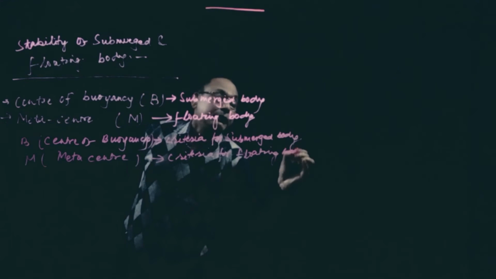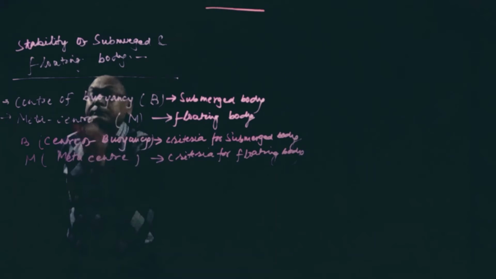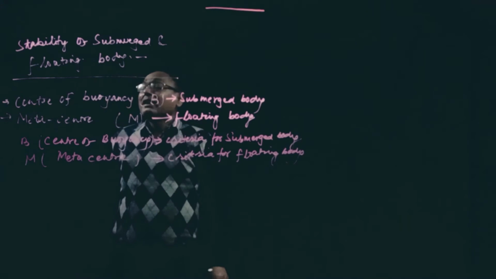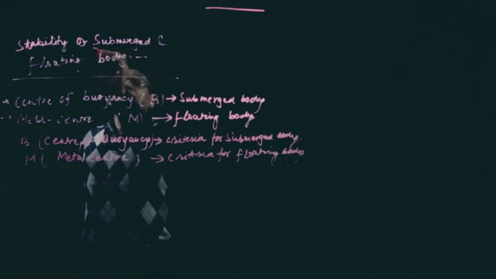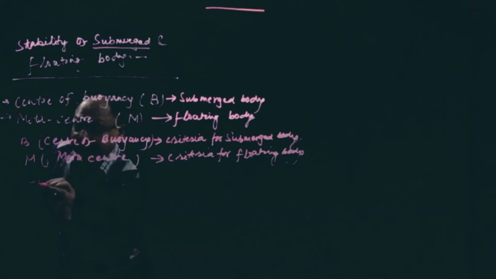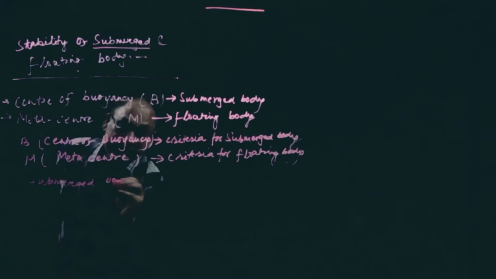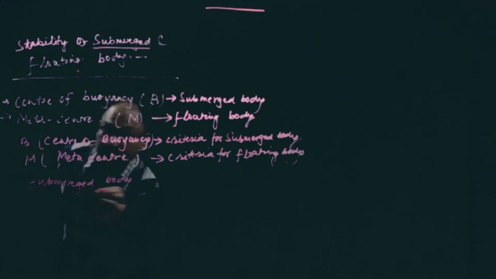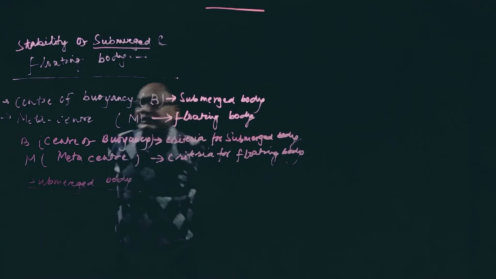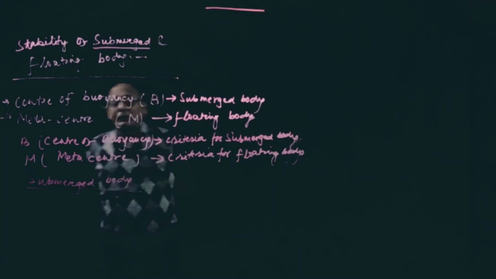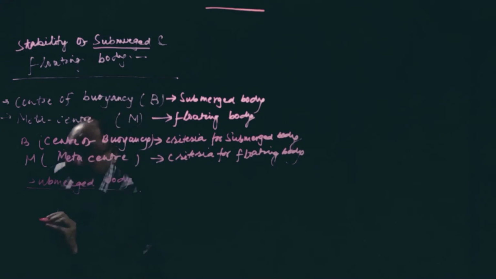Now let us see what happens. Now I am talking about the submerged body. Stability of submerged body: there are three conditions, stable equilibrium, unstable equilibrium, and neutral equilibrium.